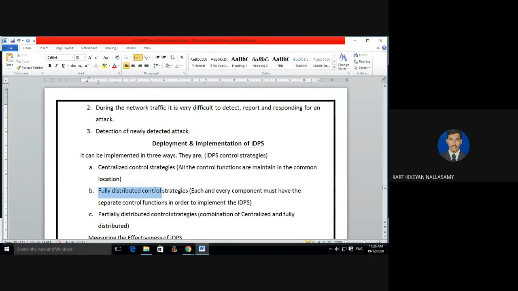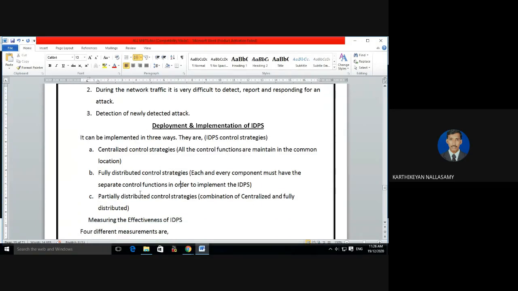The next one is the fully distributed control strategy, meaning control rests only with individuals. In the partially distributed control strategy, some of the IDPS components are controlled centrally, and some activities are controlled locally. So these are the three possible ways we deploy the IDPS.